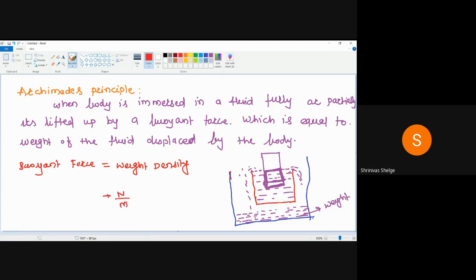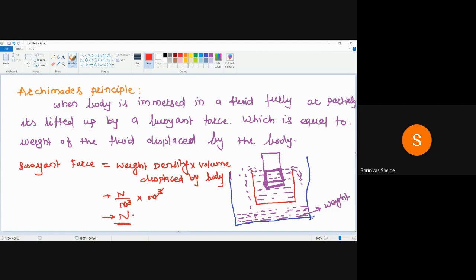Newton per meter cube. Correct. So weight density of this fluid into volume displaced by the body. Correct. So into volume. What is the unit of volume? Meter cube. So this one gets cancelled, and you will get buoyant force.